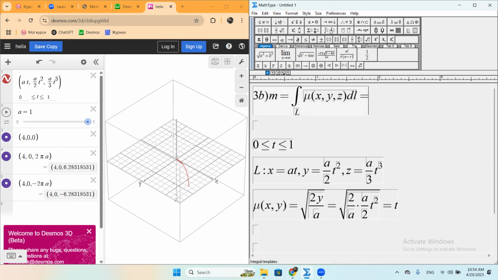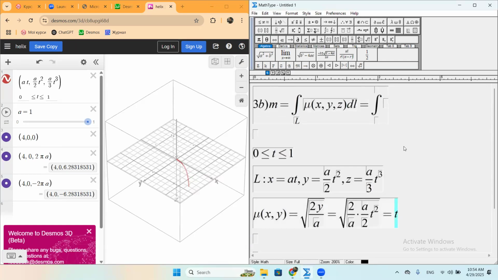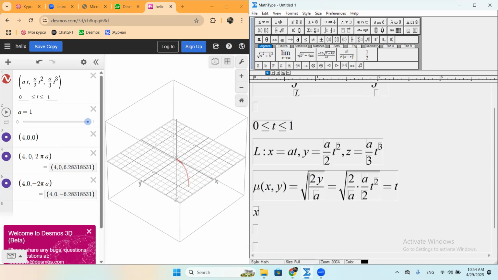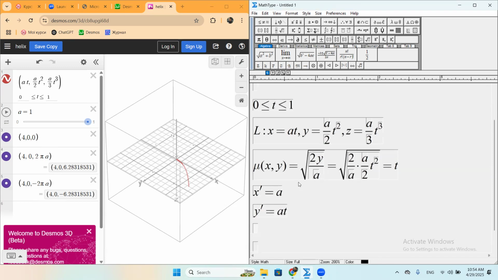So what we will do next, we will write down the integral. No, we won't do it for now because we need to write down dl. x prime equals a, y prime equals a t, and z prime equals a t square.